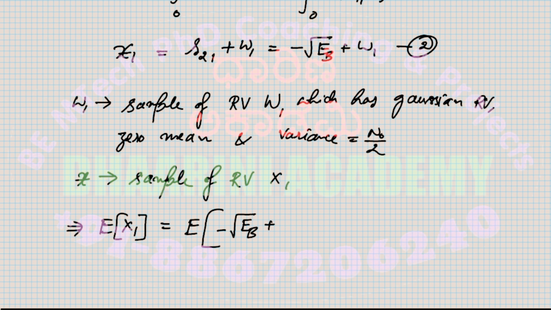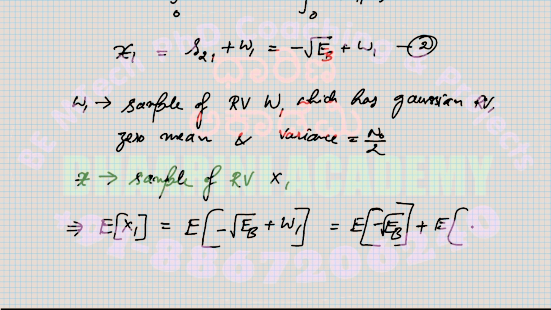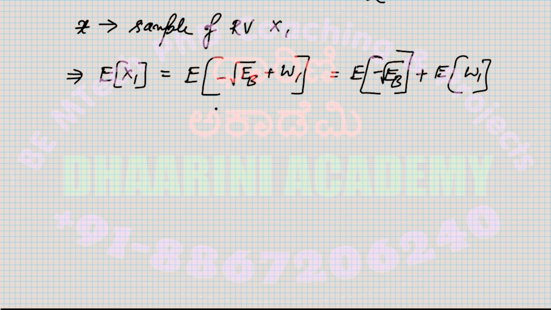That's what we did earlier. Same thing we are going to follow. This is the expected value of minus of root EB, that's the first part, plus the expected value of W1. What is the expected value of minus root EB? It's a constant, so it remains the same. It's minus root EB, and the mean of the noise is 0. That's why this value becomes equal to minus root EB. You can denote this as mu as well.